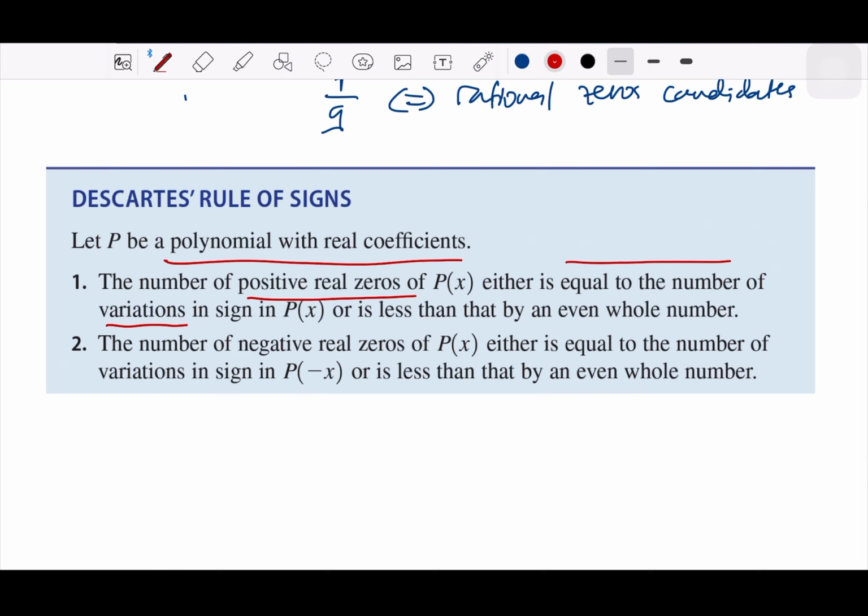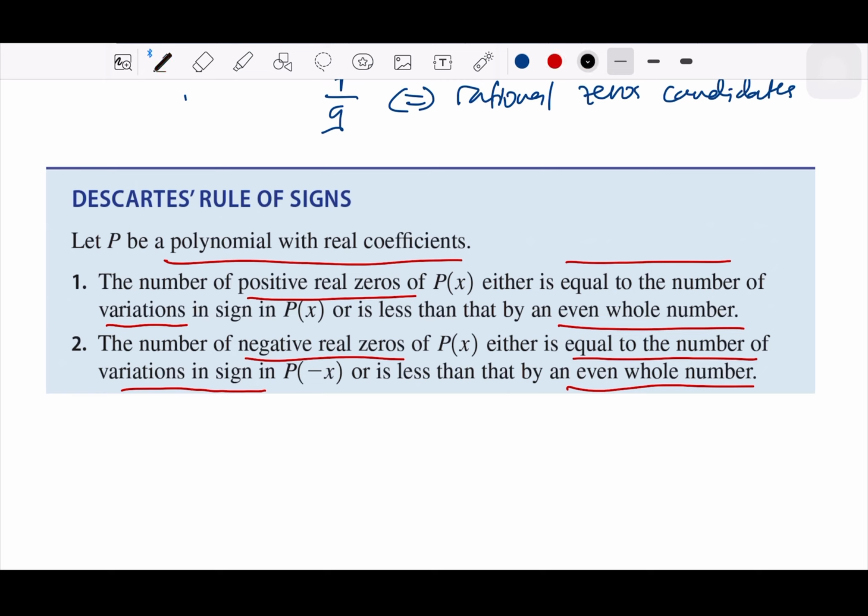I will explain later what this even whole number means. The second one, for negative real zeros, is equal to the number of variations in sign in P of negative x, or is less than that by an even whole number, same thing. Okay. So what are we going to do with this?